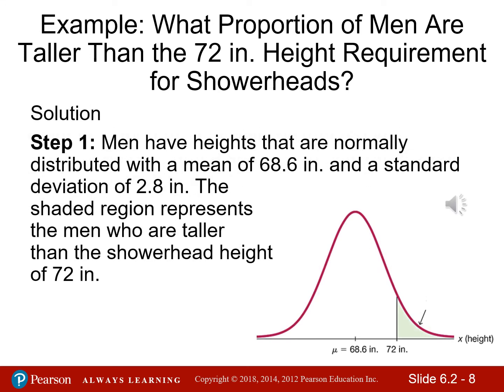Step 1. Men have heights that are normally distributed with a mean of 68.6 inches and a standard deviation of 2.8 inches. In our graph displayed here, the shaded region represents the men who are taller than the shower head's height of 72 inches.